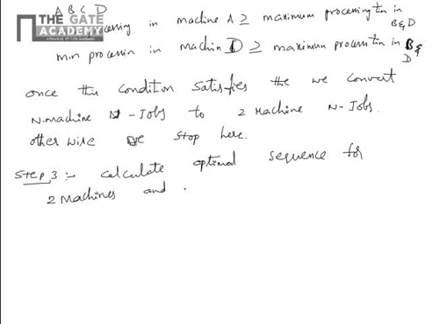So we have converted n machines to two machines. So we have to calculate the optimal sequence.